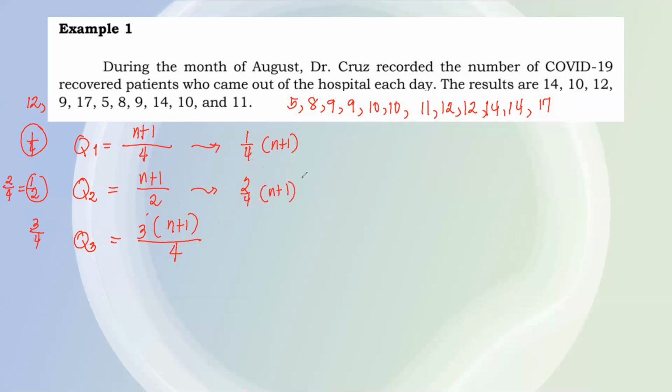Nakikita nyo sa book, di ba, ganito nakasulat o kaya sa module, which is the same here. Dito, this is 3/4 times n plus 1. Pareho lang yan. Pero I prefer this kasi mas madali siyang tandaan. Okay? Mas madali niyo siyang matatandaan.